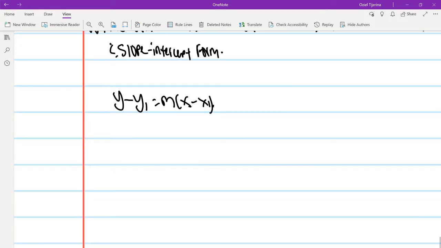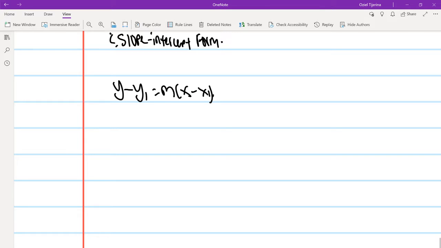And the way that they get this is they get it from the slope formula. So what they do is they say m equals, so we know that m equals y2 minus y1 over x2 minus x1.